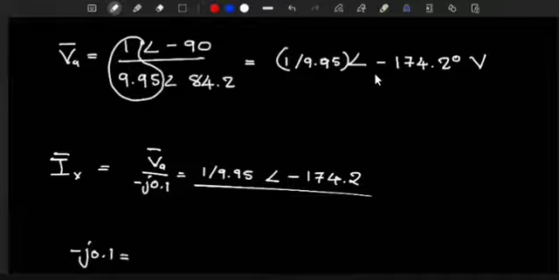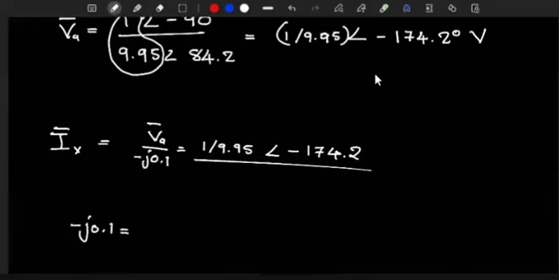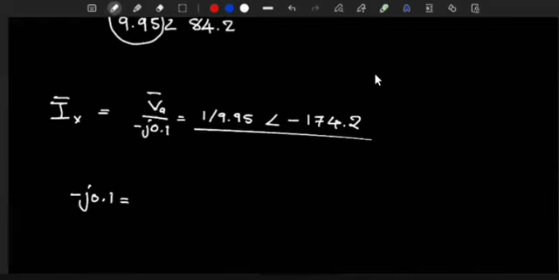So what are we going to have? The magnitude part will obviously be 0.1. So we can look at it first as 0 plus the magnitude we have 0.1, and then we can put that minus there as well with the j.